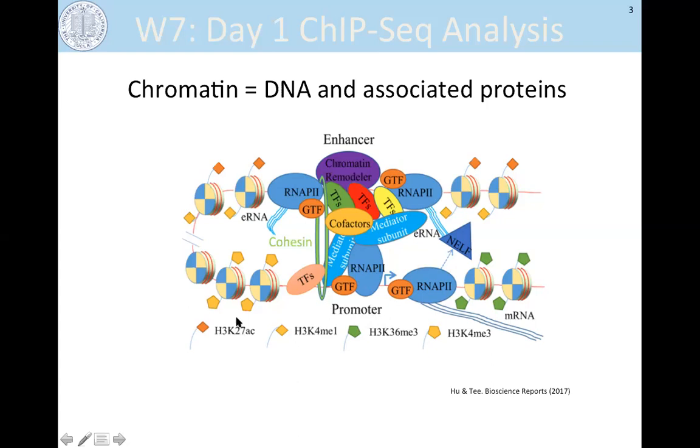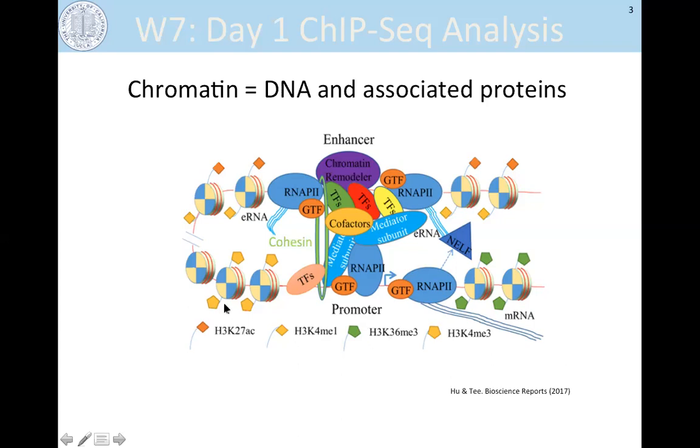And promoters are often marked by certain histone modifications, specifically H3K4 trimethylation, which is found near transcription start sites of active genes. And in gene bodies, you can have H3K36 trimethylation. And also H3 acetylation is often found near active transcription start sites.